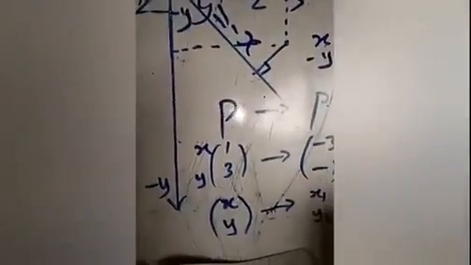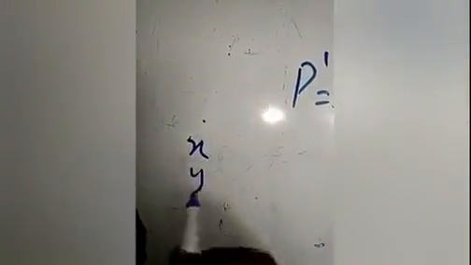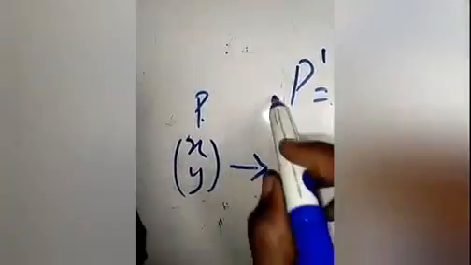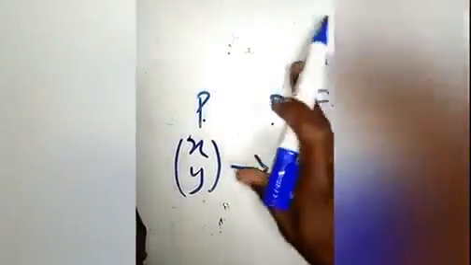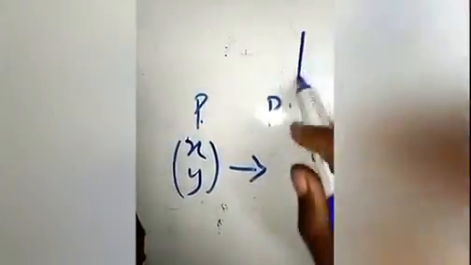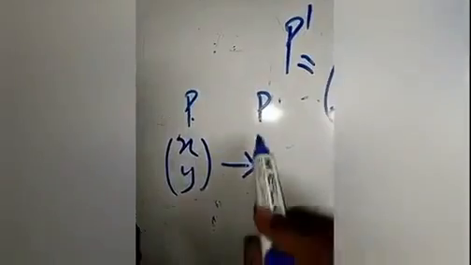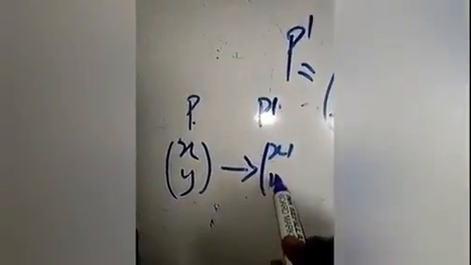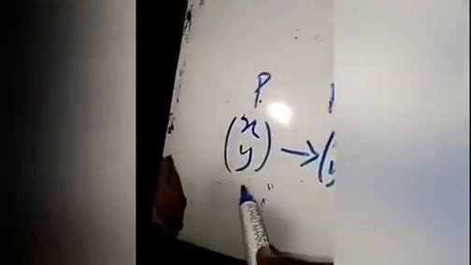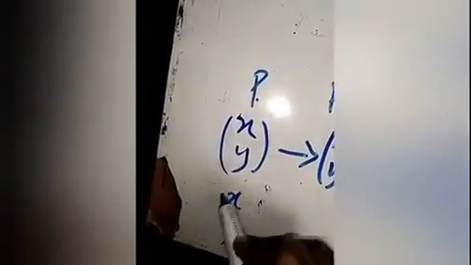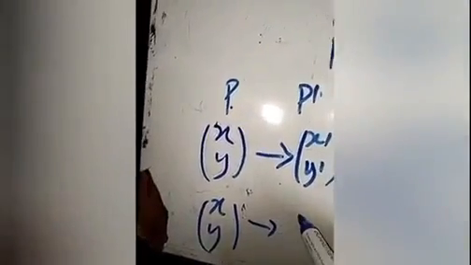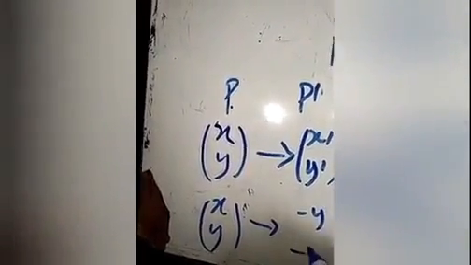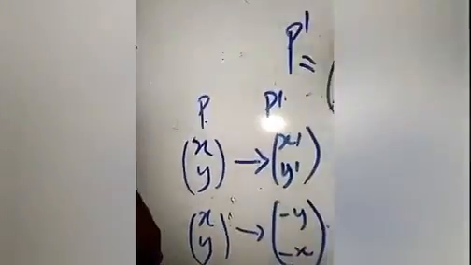So instead of having my x y for my object map onto my image as x prime y prime, I'm having x y mapping onto minus y minus x in this case.